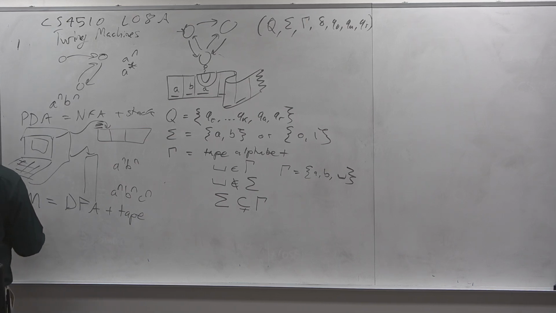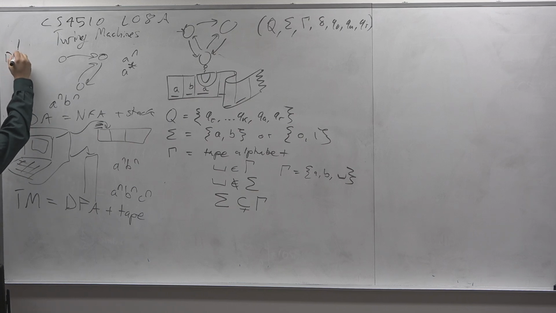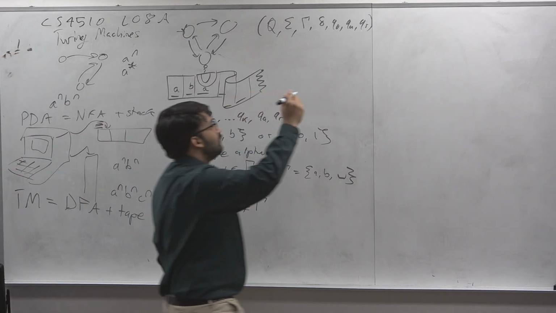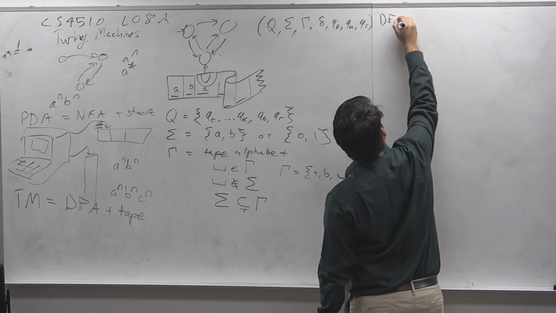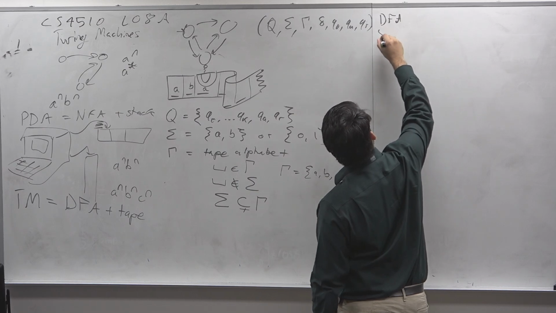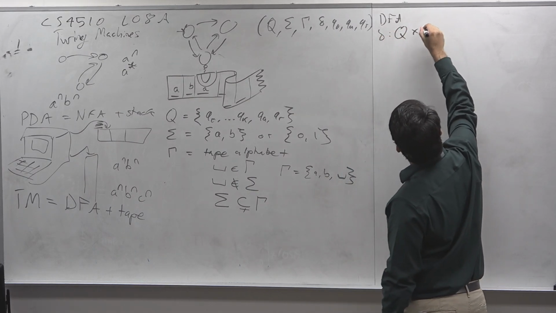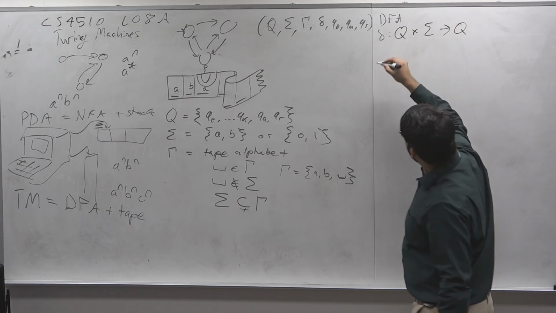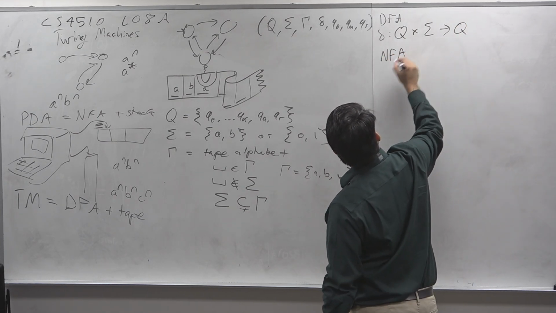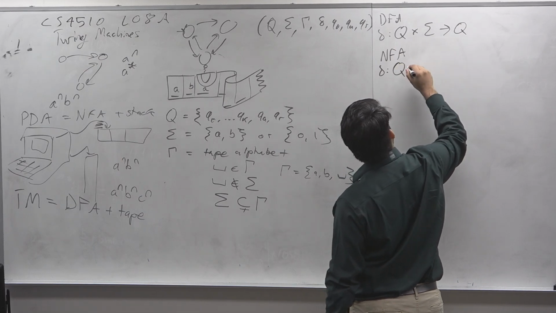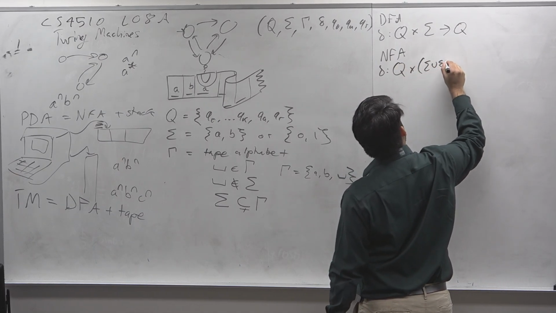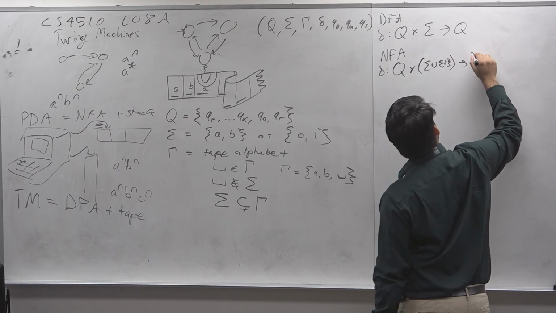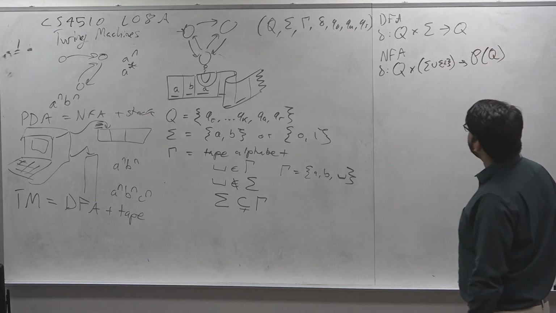What was the transition function for a DFA? For the DFA, the transition function looked like, we took a single state and a single symbol, and we moved to a single new state, right? For an NFA, we moved from a single state, optionally read a symbol by having epsilon transitions, and then moved to a set of states by the power set, right?